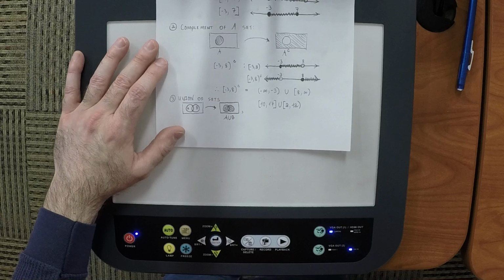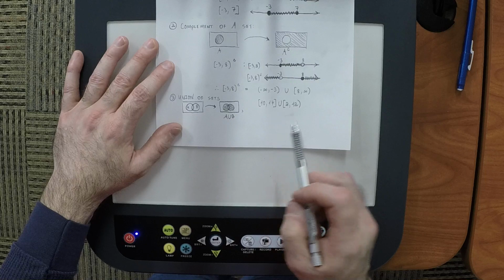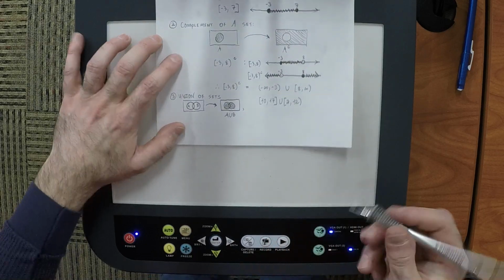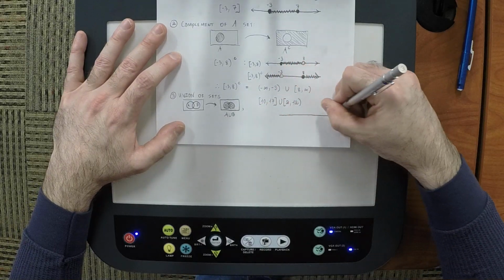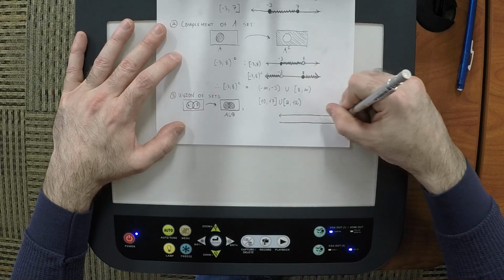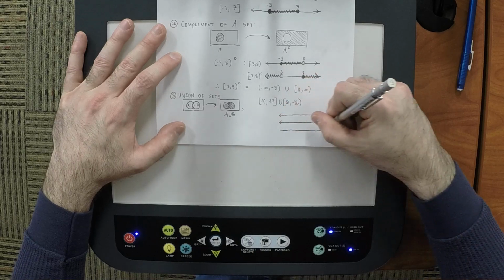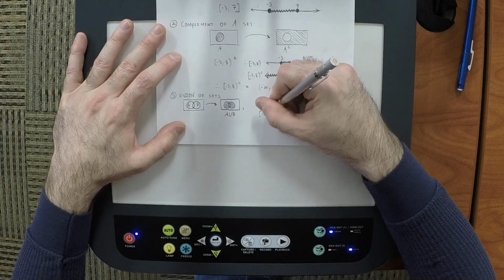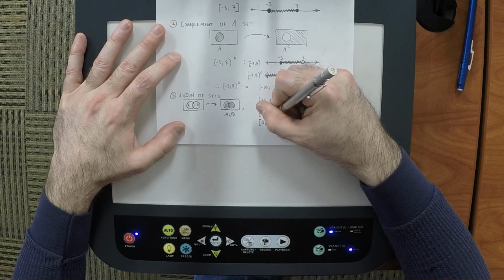Okay, so the way to go about this is that we're going to draw three axes: one for the first interval, one for the second interval, and a third one for the answer. So this will be 10 to 17, this one 2 to 12.